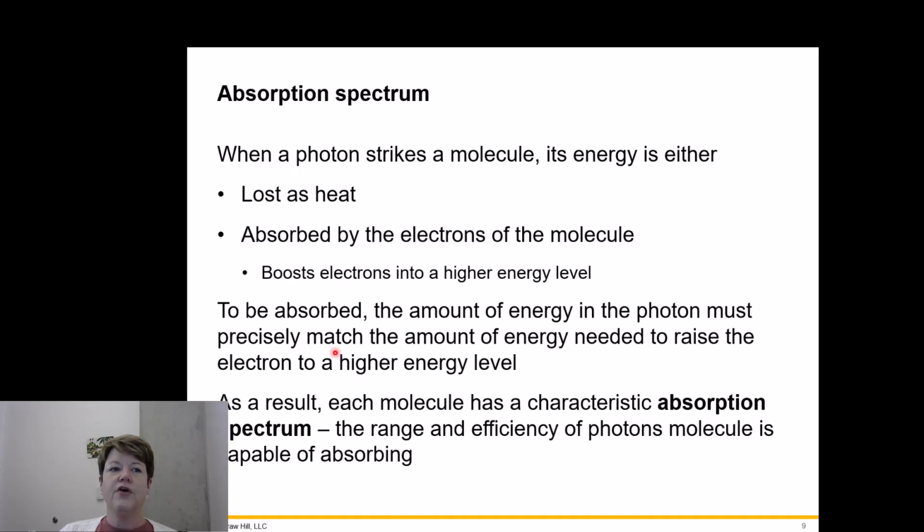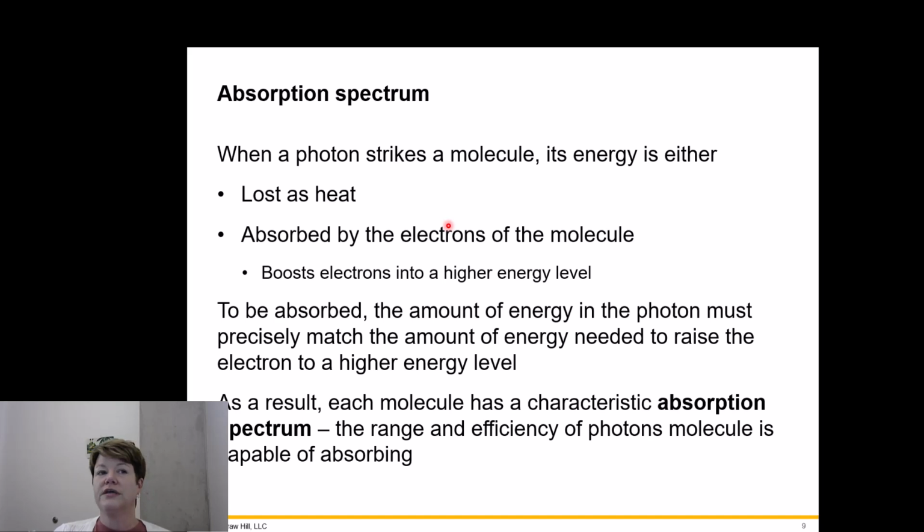All right. So when a photon strikes a pigment molecule, and these pigments are in the thylakoid membrane, the energy is either lost as heat, converted to heat. Remember, heat is a wasted form of energy, or absorbed by electrons in that molecule.